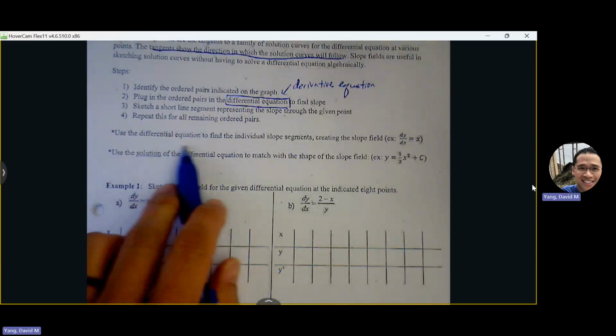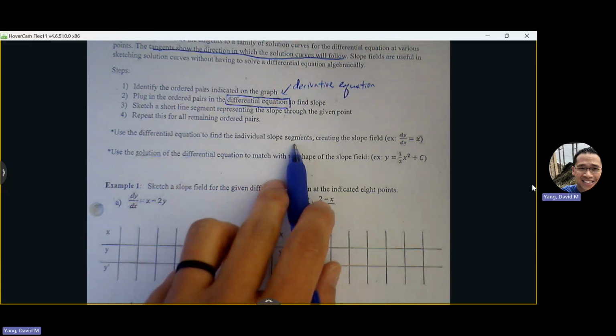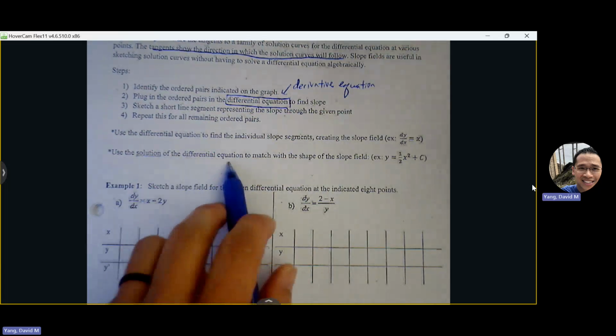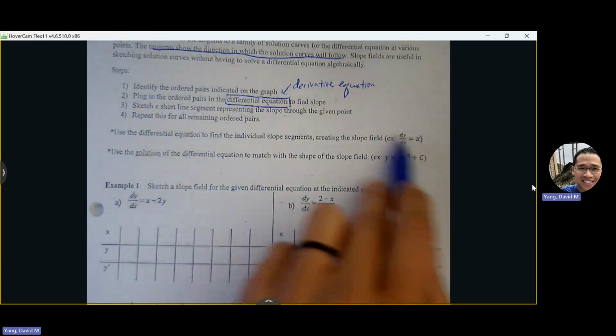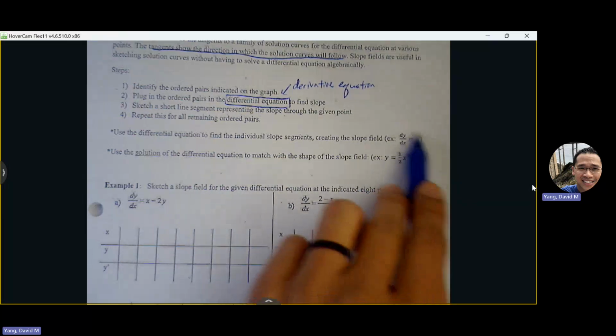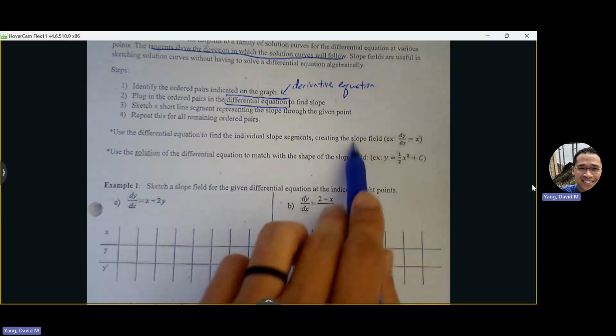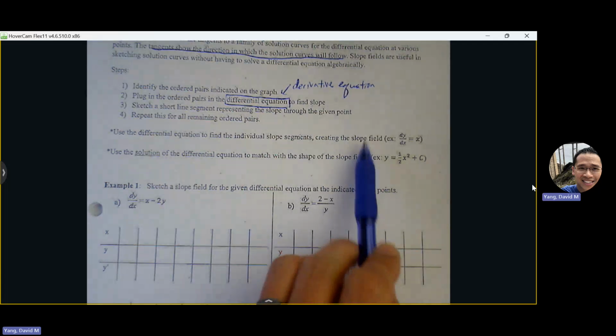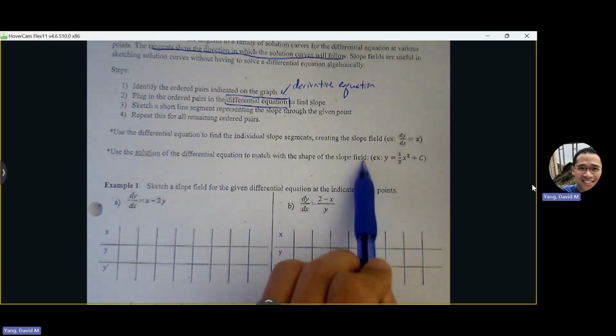We use the differential equation to find the individual slope segments, which creates a slope field. And then we use the solution of the differential equation to match with the shape of the slope field. I'll come back to this when there's something more concrete to compare to and talk about.